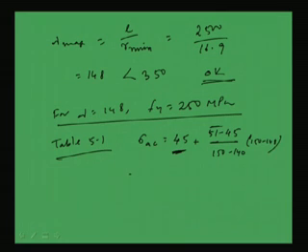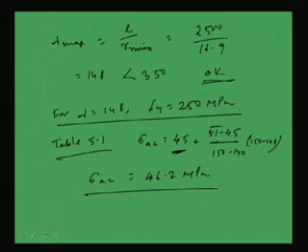From the interpolation we can find out the value as 46.2 MPa. So, sigma AC value for lambda equal to 148 we are getting as 46.2 MPa.